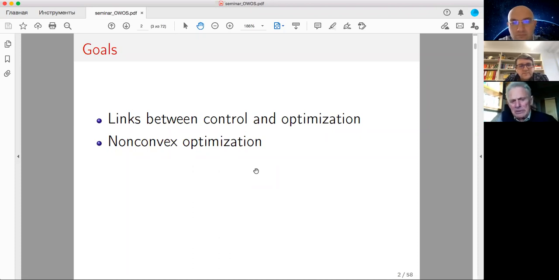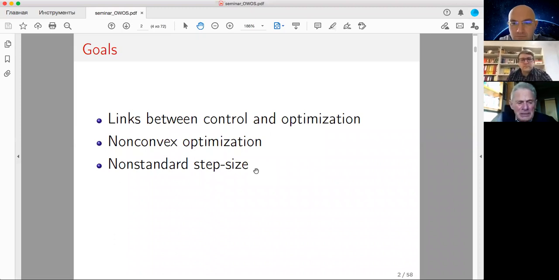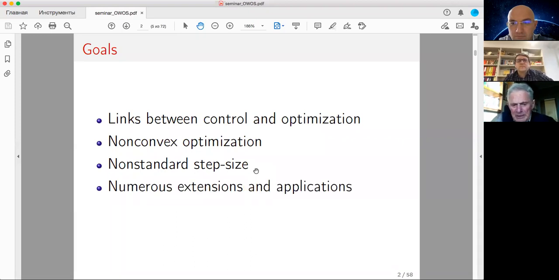For instance, they are non-convex. We can adjust, we can modify standard minimization methods for these problems. And the most important, that there are a lot of extensions and real-life applications of these problems.